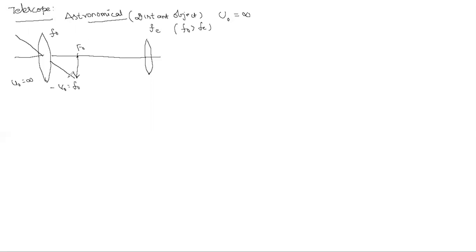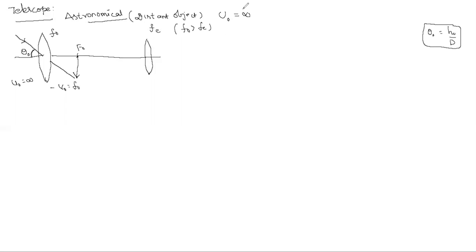First of all, what is the angle made by the object taken at infinite distance? This is the angle made by the object, theta O. Yesterday I think you remember theta O equals h naught by D, because for microscopes we take the object at nearer distances.